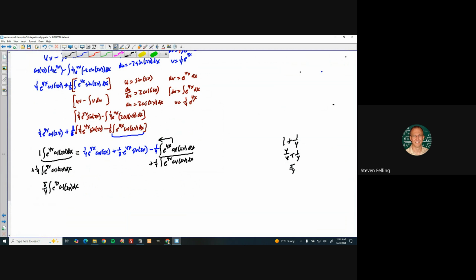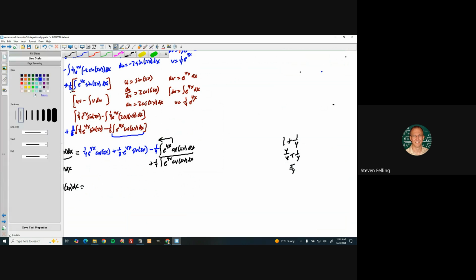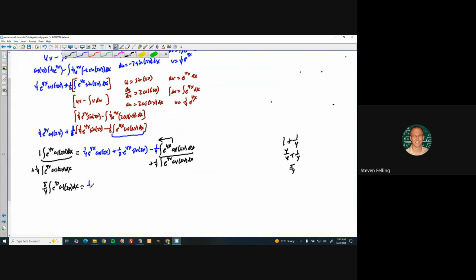We have 1 plus a 1/4, which is 5/4 of that integral, equal to, on the right-hand side, 1/4 e to the 4x cosine 2x plus 1/8 e to the 4x sine of 2x. All right. So basically we're combining like terms by combining these two integrals, the original integral and the result of two integrations by parts on the right-hand side together.